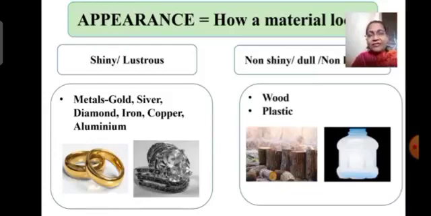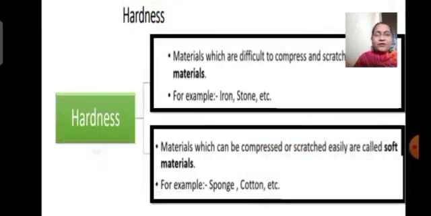Examples of lustrous materials are mostly metals, and they are gold, silver, diamond, iron, copper and aluminium. Examples of non-shiny or non-lustrous materials are wood, plastic, etc. Then on the basis of hardness of the materials, we divided them into two categories.